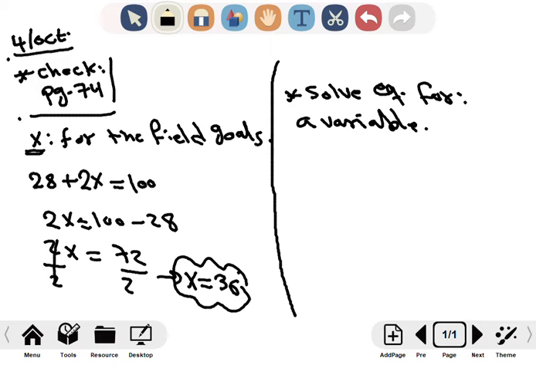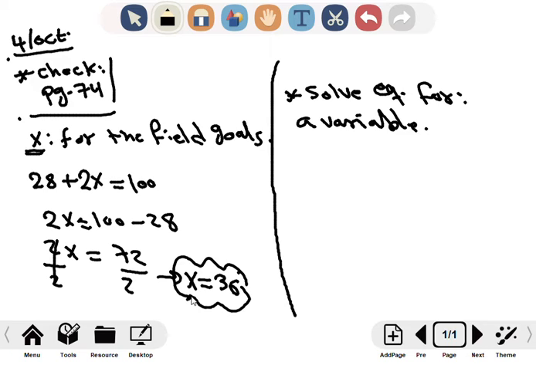For example, here I did the solution for this equation for x. Do you understand? For x. So I did the steps. At the end, I have what? x equals. This is what we call solving for x.